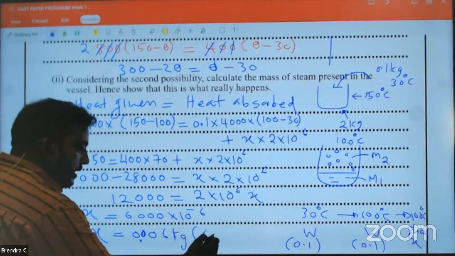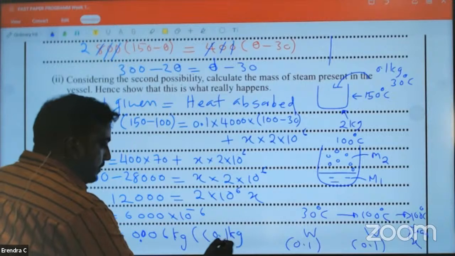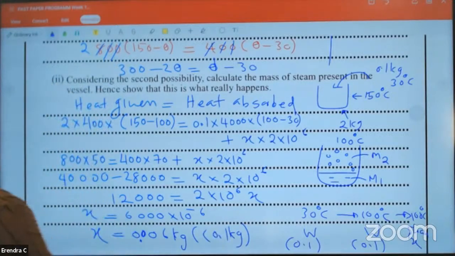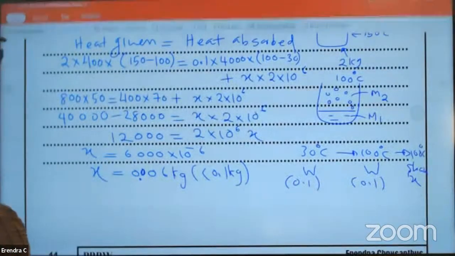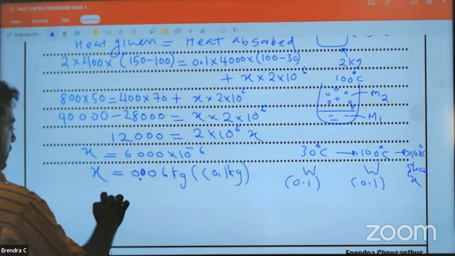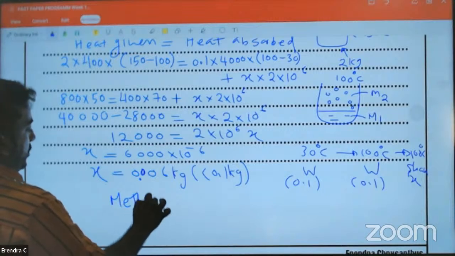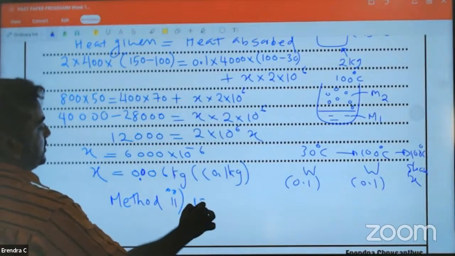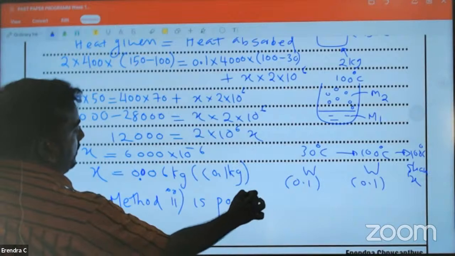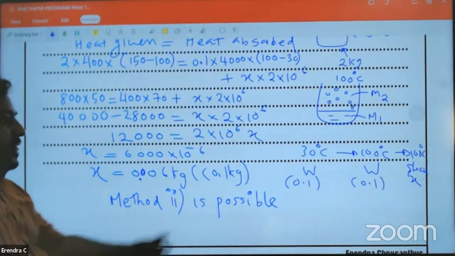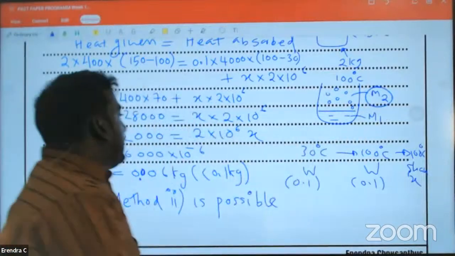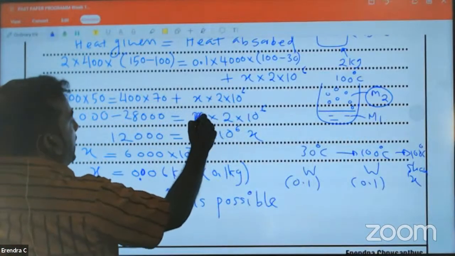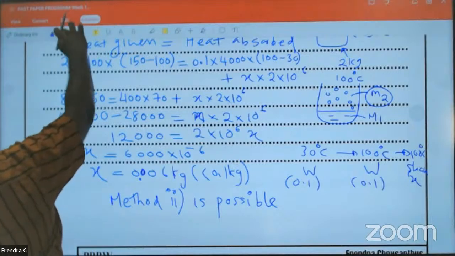That's okay, no? Less than 0.1 kilogram. Second method is possible. So you can write here: Method 2 is possible. You have shown that the amount that became steam is M2.